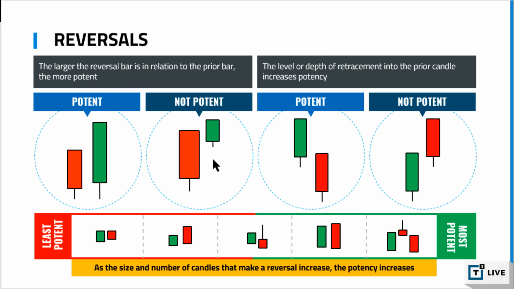Now there is another thing as to why it would be potent if it was at the top, because of the gap, and gaps trap people. Anybody that shorted here, big money, small money, dumb money, smart money, whatever, every single person that shorted and stayed short into the close, the next day, now they're underwater.